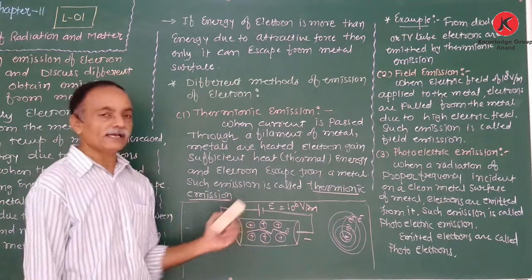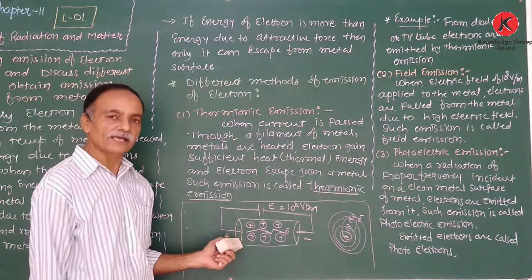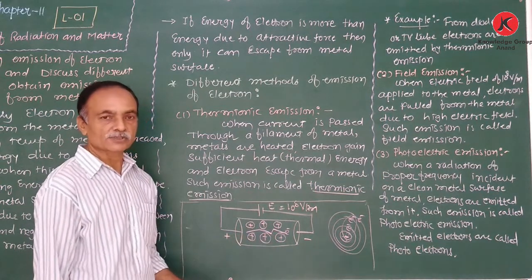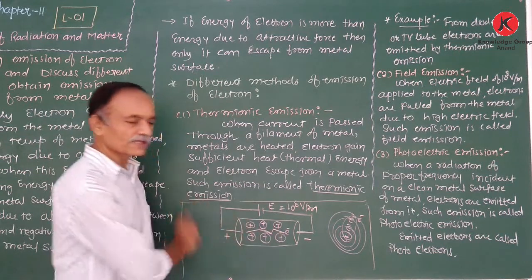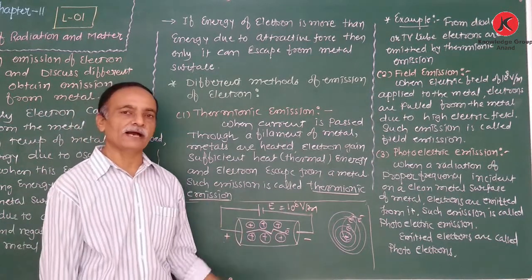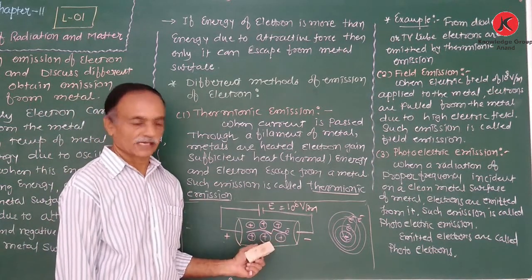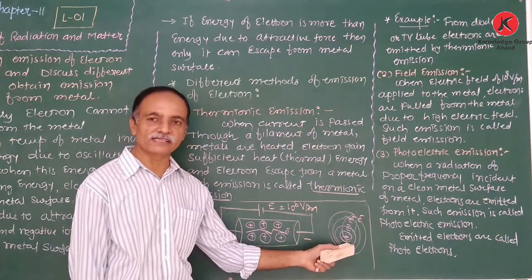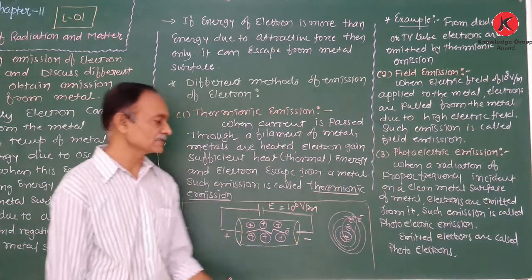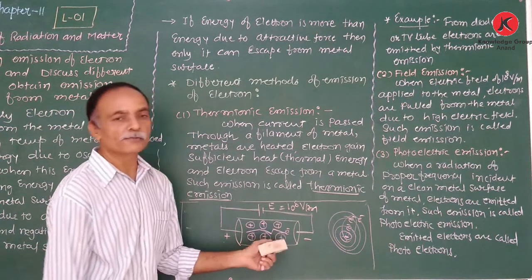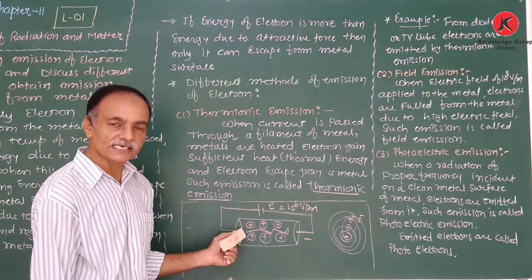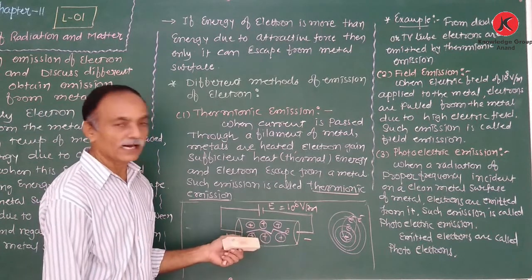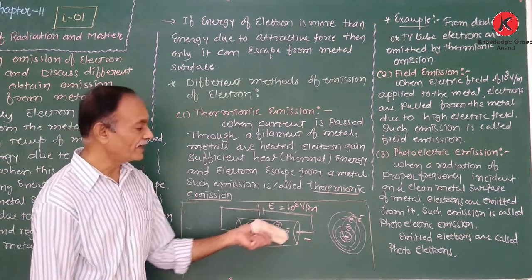So as we apply the high electric field across the metal, what happens? Due to this positive terminal, most of the electrons are attracted by this positive terminal. And the electrons bound with the positive ions in the nucleus are also pulled away, because of the high electric field, as the electrons are attracted with a very high force.